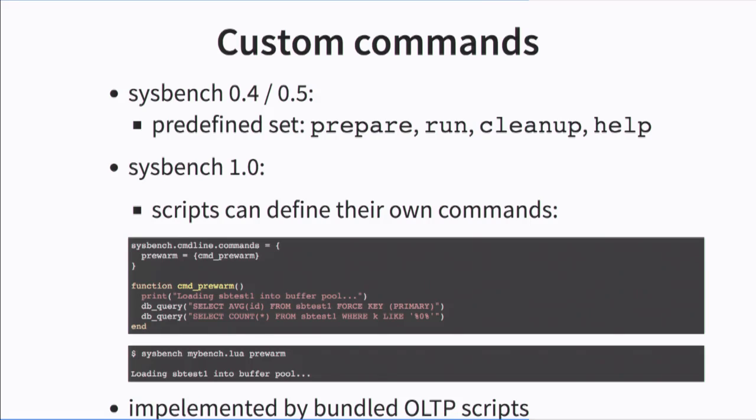And you want to do that in most benchmarks anyway. But previously, you had to implement something like that in some shell scripts, some shell wrappers around sysbench. Now you don't have to do it anymore. That logic is implemented in the bundled OLTP scripts, and you can use it.